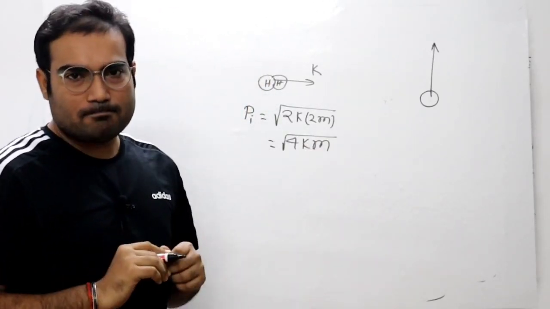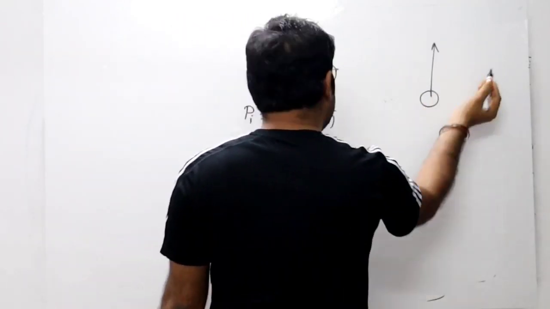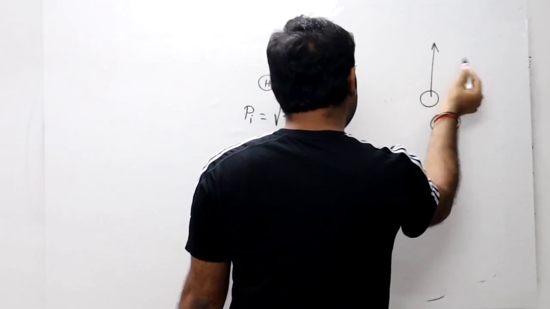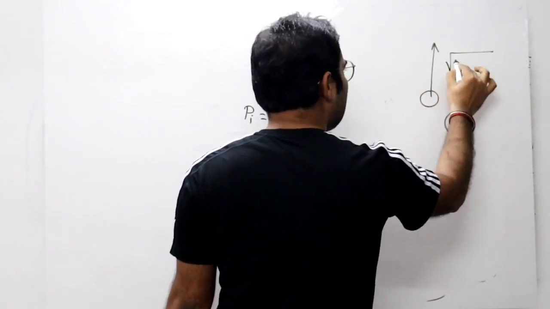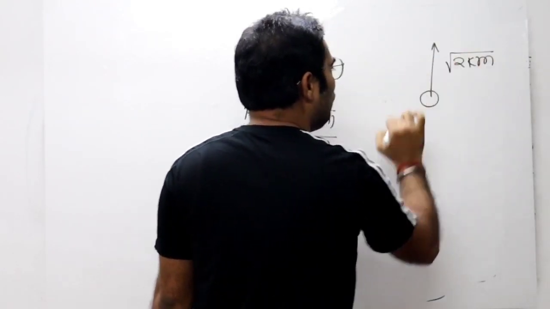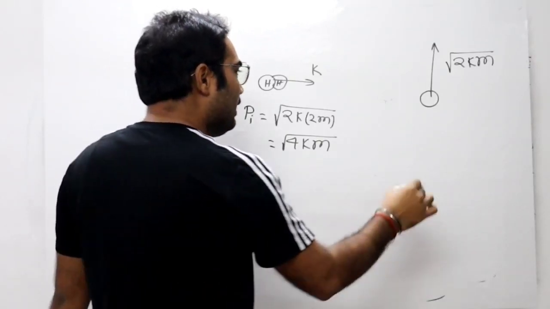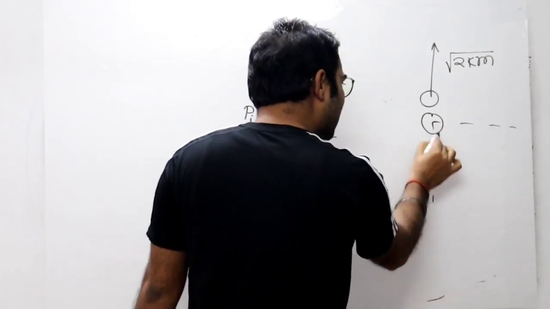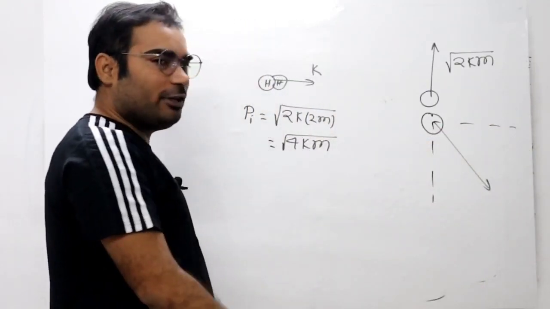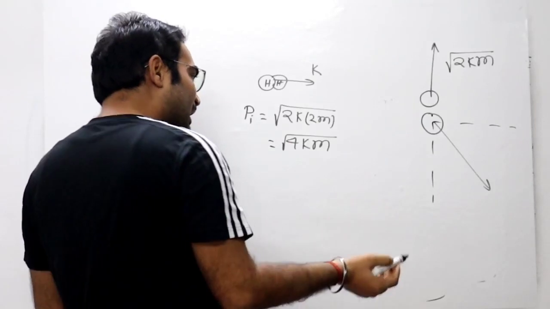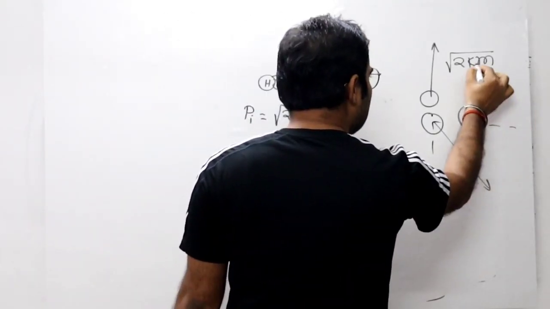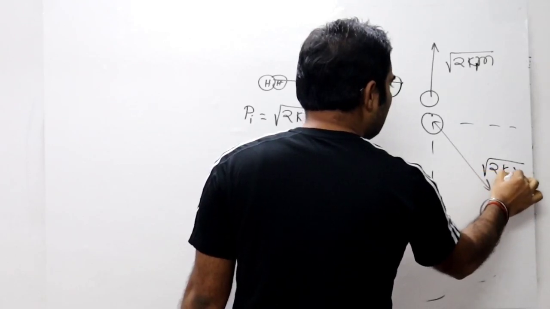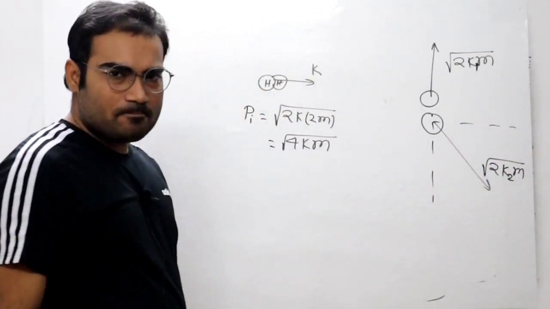Suppose its kinetic energy is K1, then the momentum of this hydrogen is root under 2K1m. The second hydrogen will move in the other direction with some kinetic energy K2 and some velocity.